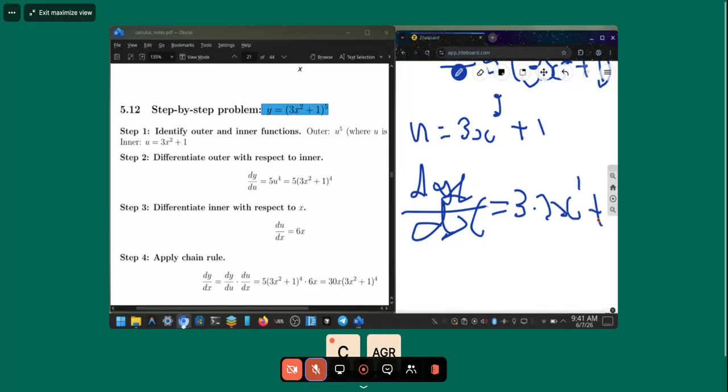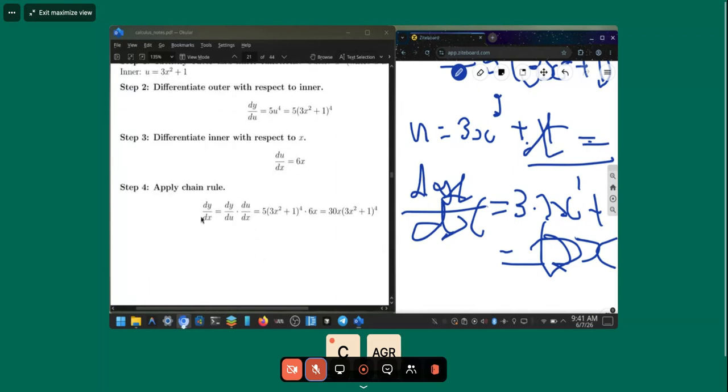Plus 1 is a constant. What happens to a constant? It becomes 0. It does not change, right? We are only calculating the changes of that function. So the answer is 6x.